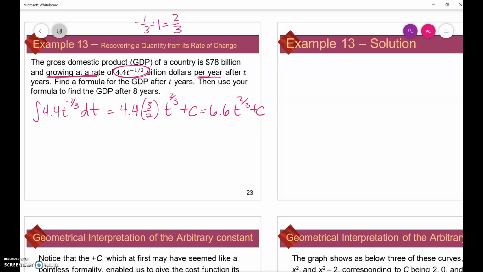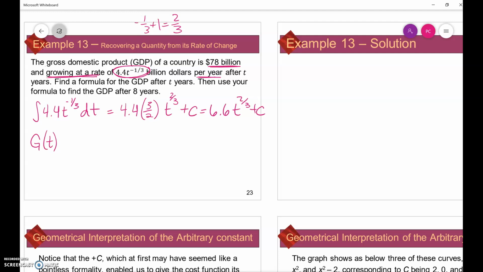Well, at time 0, what we were given is that the gross domestic product is $78 billion. Okay? So if you plugged 0 in for t, we just have the c left, that gives our GDP formula. And in the book, if you're looking, they call that G of t.